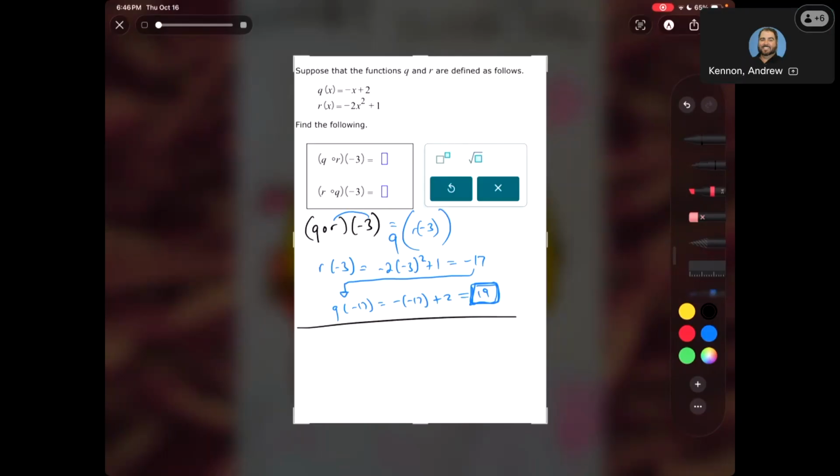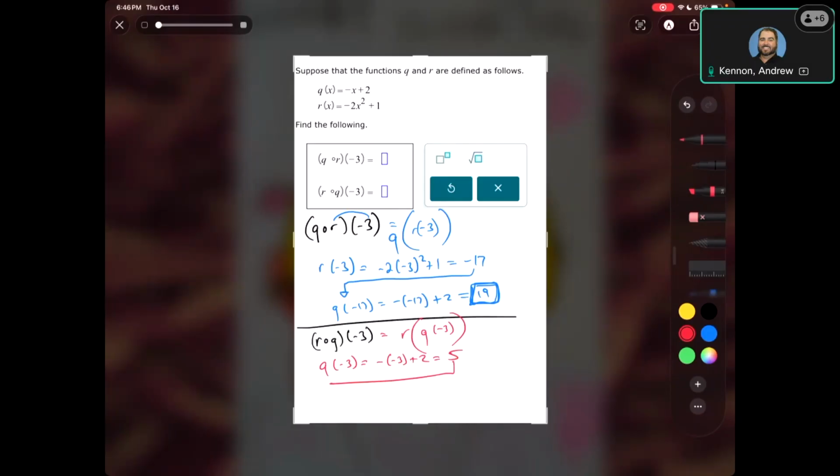The other one is the opposite. I'm going to plug in the -3 to Q, and whatever I get out, I plug into R. So Q of -3 would be -3 plus 2 would be 5.